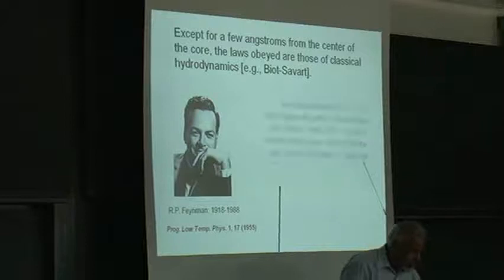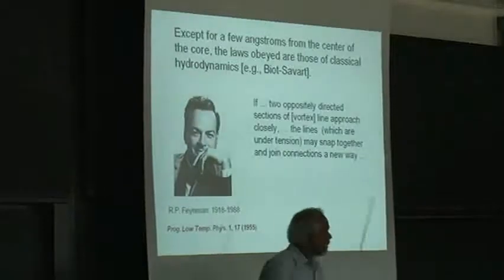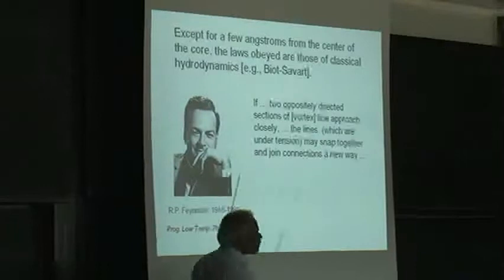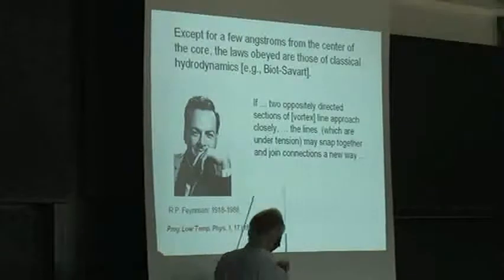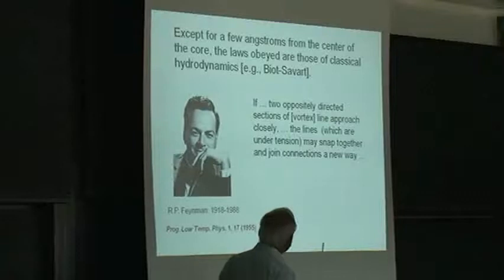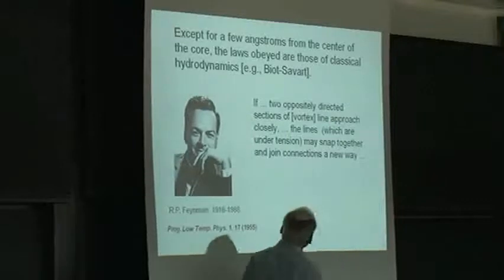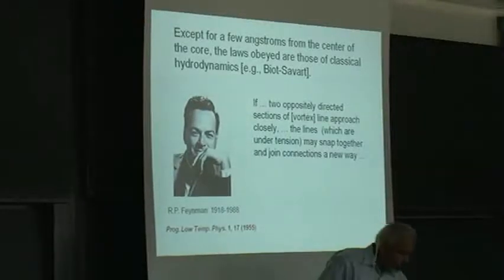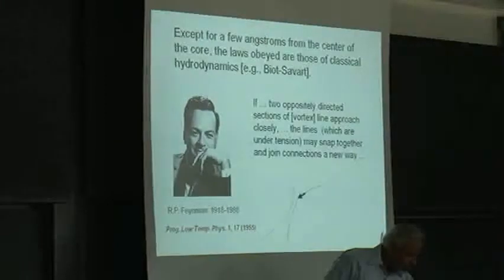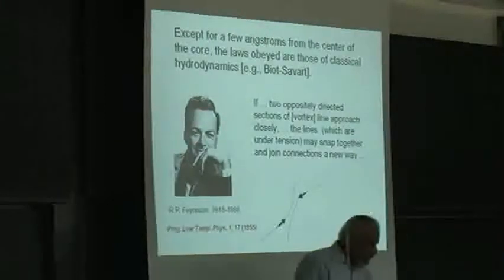And then he said another very important thing. He said if two oppositely directed sections of vortex lines approach closely, the lines, which are under tension, which is to say they have certain energy associated with them, may snap together and join connections in a new way. He did not use the word reconnection, but that's what he was saying. So this is a picture taken from his own paper.